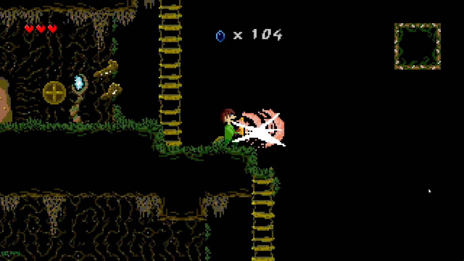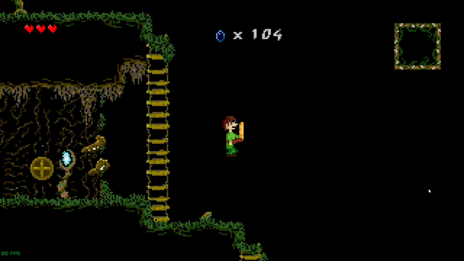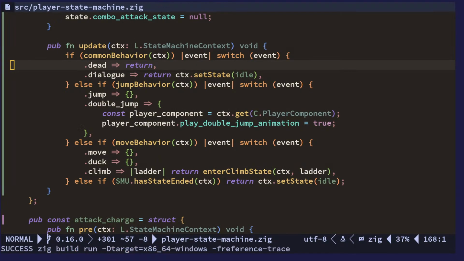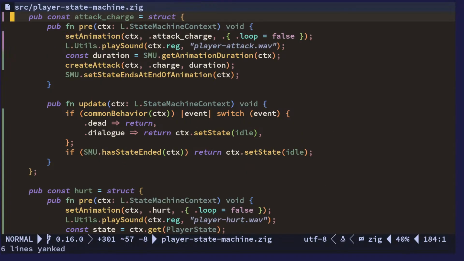But that's the thing here, because you can see it does have the same bug now. Oops, I'm trying to jump. It has the same bug, so we should probably have the jump behavior still in the charge attack as well.